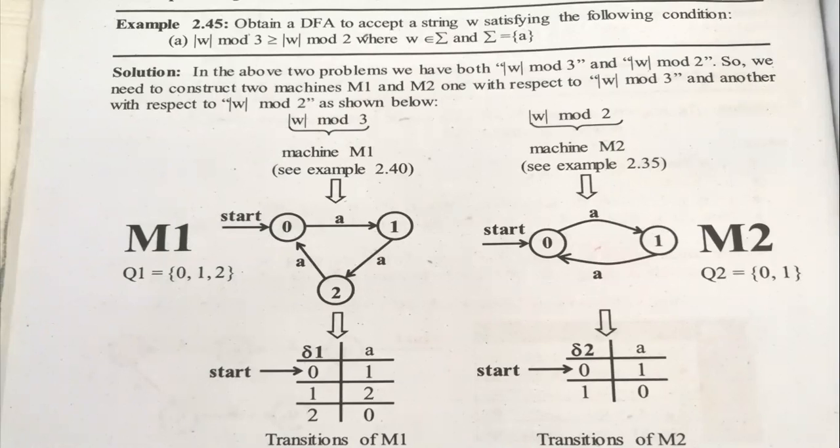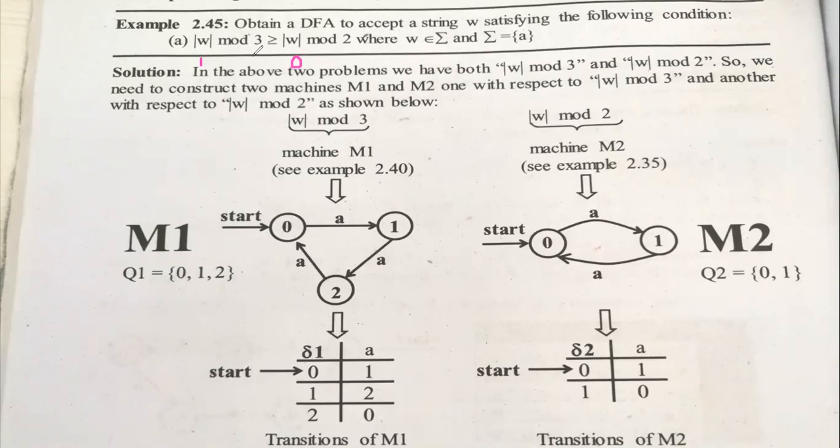If the pattern is continuous 4 A's, the length will be 4. 4 divided by 3, what is the remainder we get? 1. And with the same string, the length is 4, and 4 mod 2 gives 0.